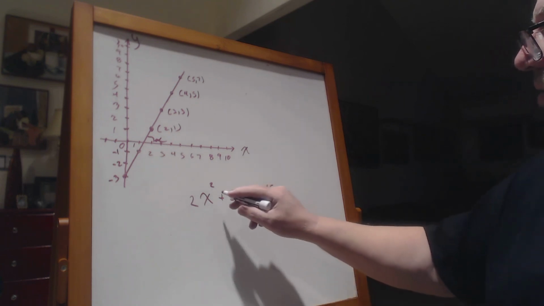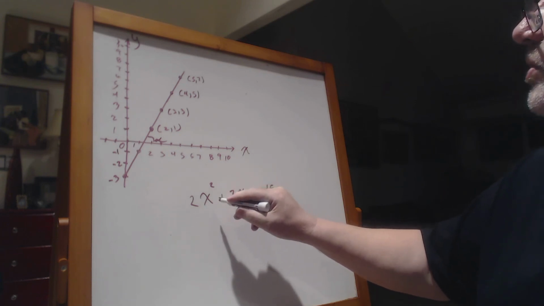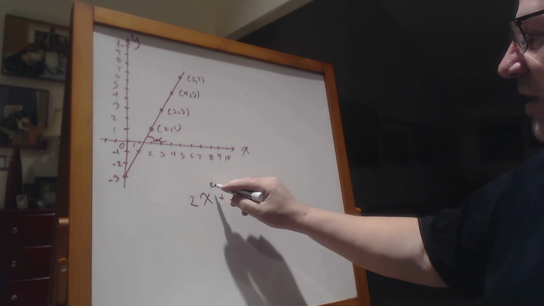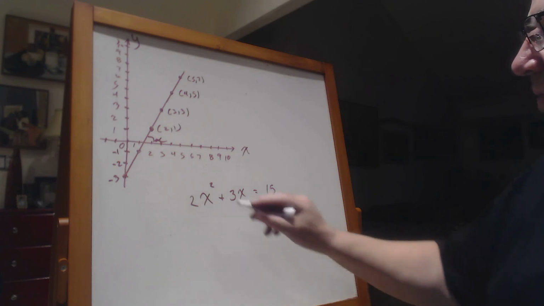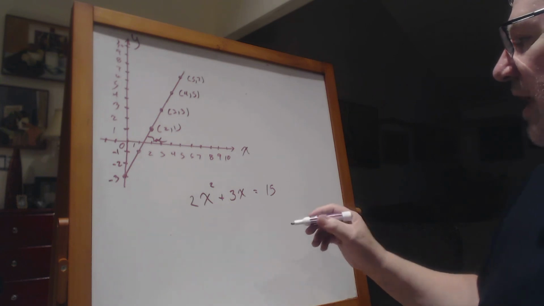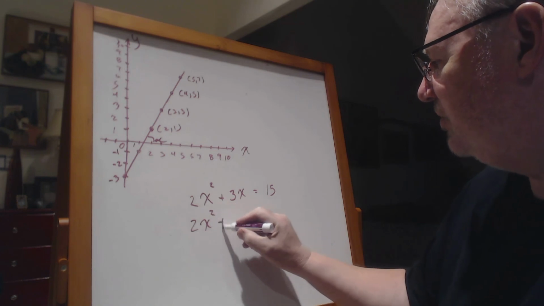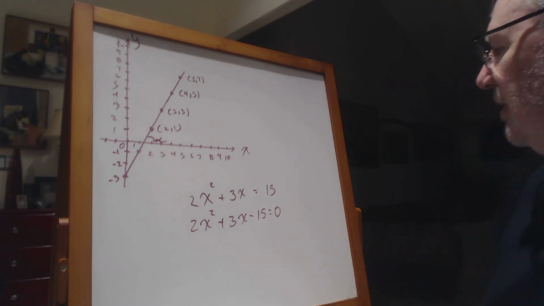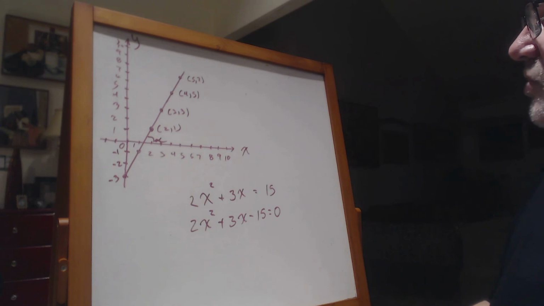But one thing that we should recognize is that when we have a single order equation, there's only one answer. When we have a second order equation, we have two answers. And when we have a third order equation, we'll have three answers. For the condition of 2x squared plus 3x minus 15 equals 0, there will be two answers for that.